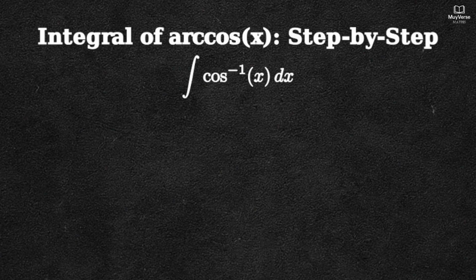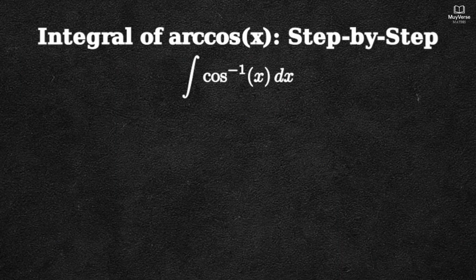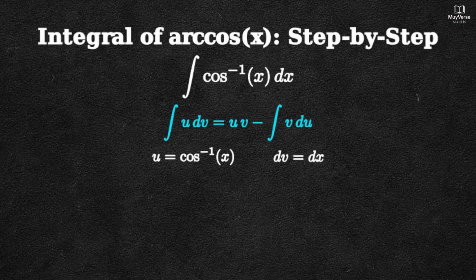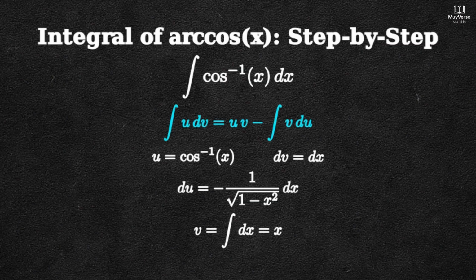Step 1. Choose integration by parts. The formula says the integral of u dv equals uv minus the integral of v du. We pick u to be arc cosine of x and dv to be dx. Then we differentiate u and integrate dv. The derivative of arc cosine of x is negative 1 over square root of 1 minus x squared.